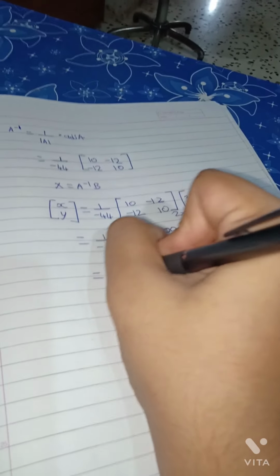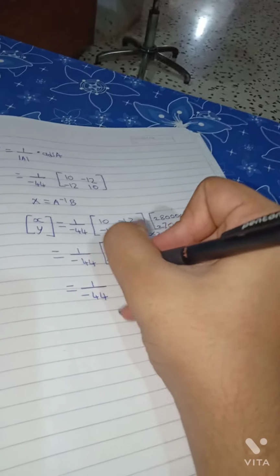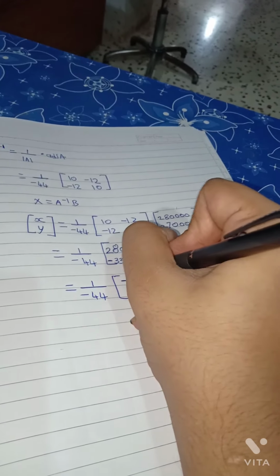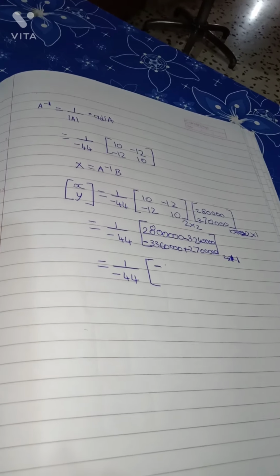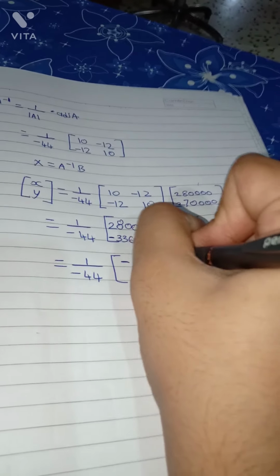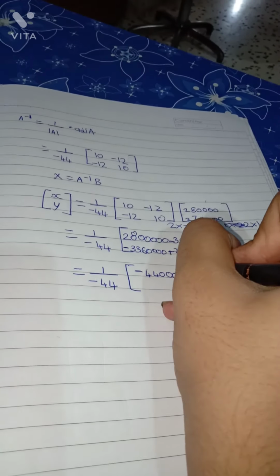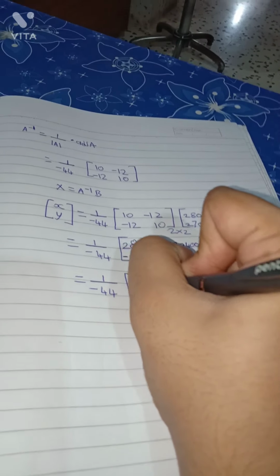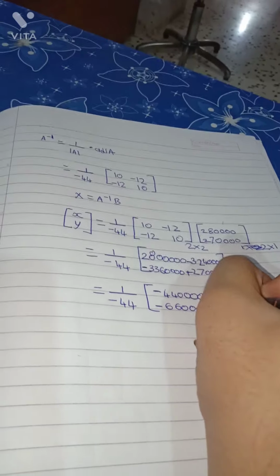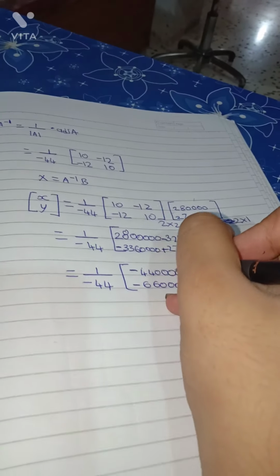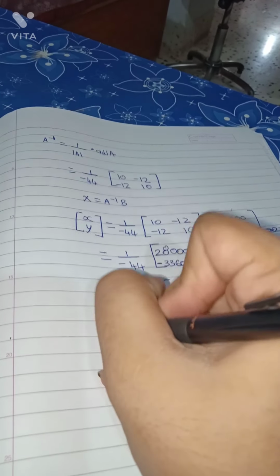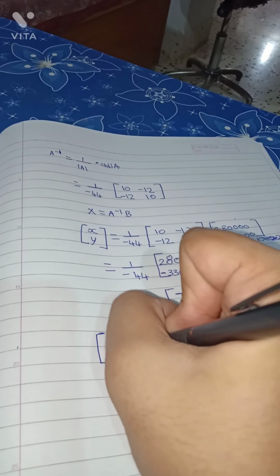1 by minus 44 into [minus 4,40,000; minus 6,60,000]. So now by dividing, I will get x and y.